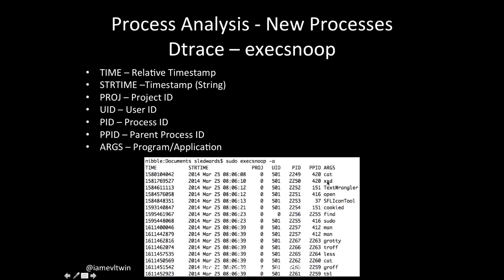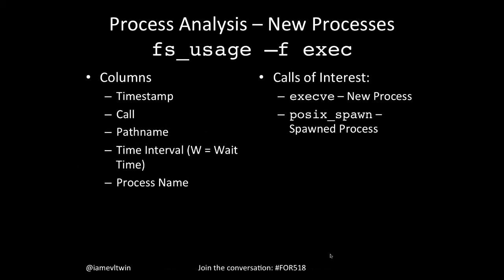Cat, I was doing xxd, TextWrangler was executed, sudo was executed, probably I'm using the find command, and then groff, again that's using man something. So again, all those processes for the man command are actually running in the background. You think man was so simple, but it's really not.